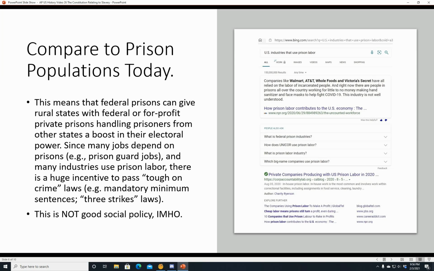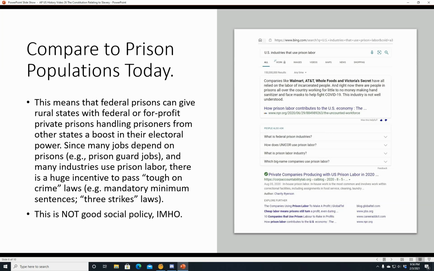Not exactly super fair. Anyway, this means that federal prisons can give rural states a boost, with federal or for-profit private prisons. There are prisons where people can be shipped from one state to another to handle overflow from other states, and they can be run for profit to help private corporations. And all those people handled from other states give the rural states a boost in their electoral power.